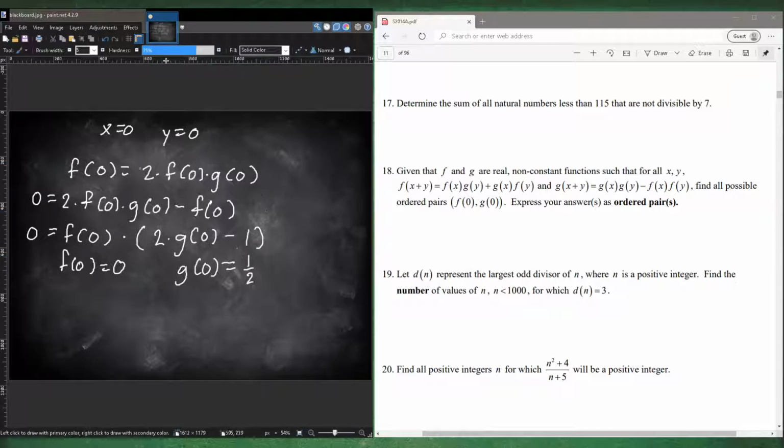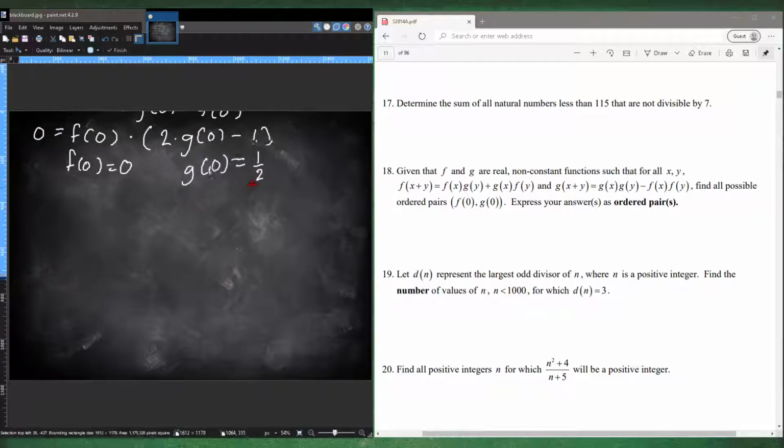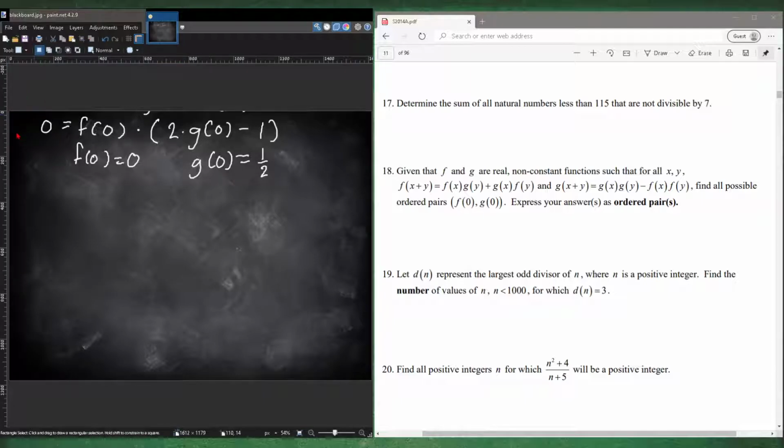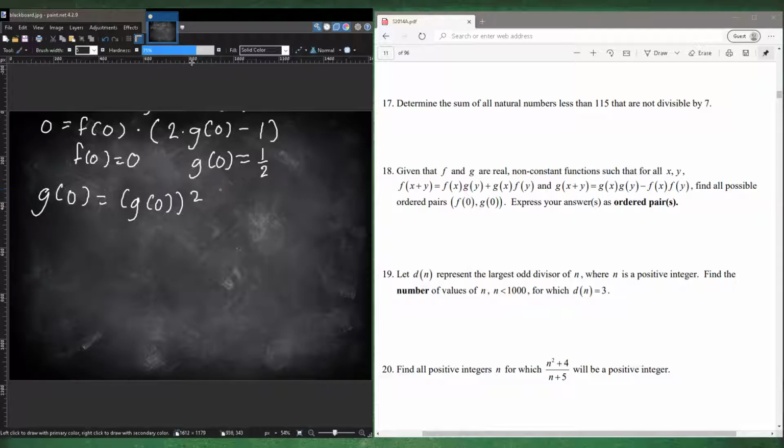And then we have our second equation. Let's move this up so we get a little bit more room to work with. We have g of 0. So if x is 0 and y is 0, so that's g of 0 squared minus f of 0 squared.